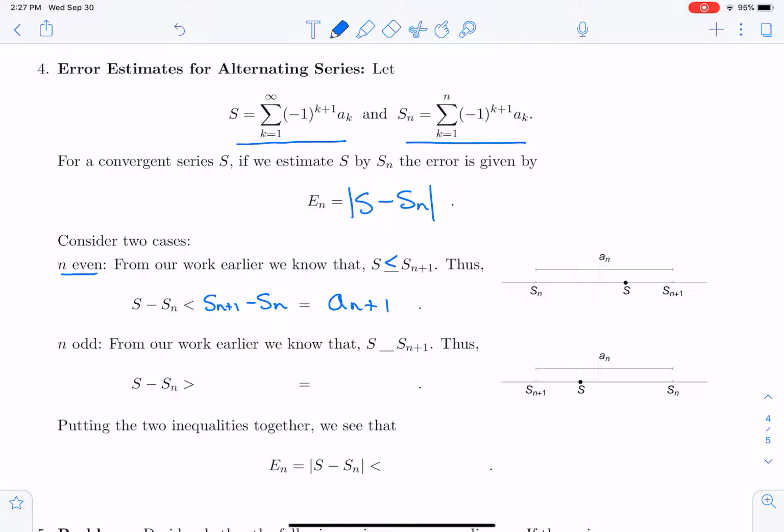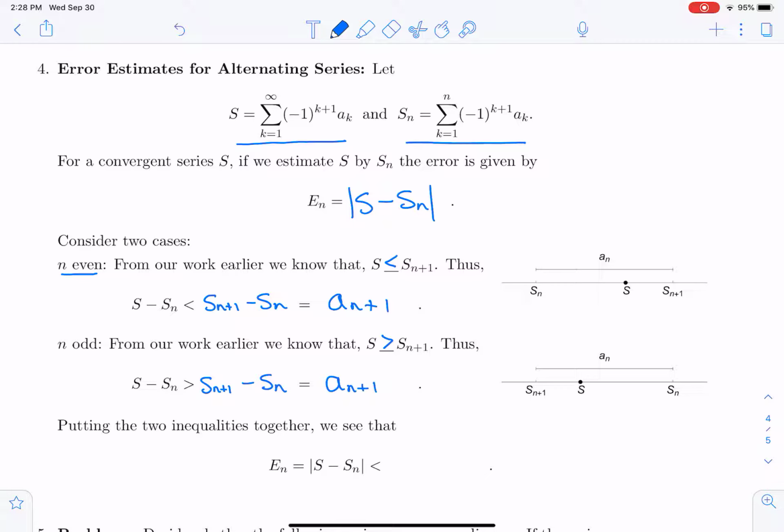Now, when n is odd, we also know from our earlier work that our sum S is going to be bigger than the n plus first partial sum. And so in that case, S minus S sub n is going to be bigger than S sub n plus 1 minus S sub n. And again, S sub n plus 1 minus S sub n is a sub n plus 1, the n plus first term.